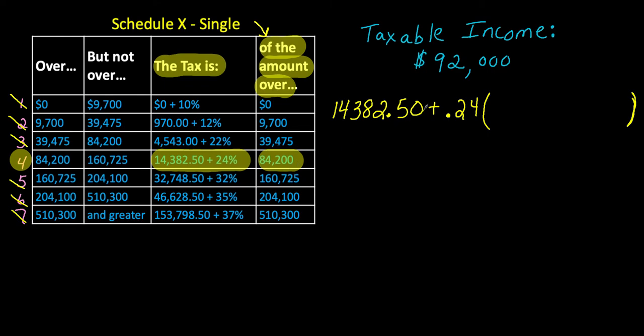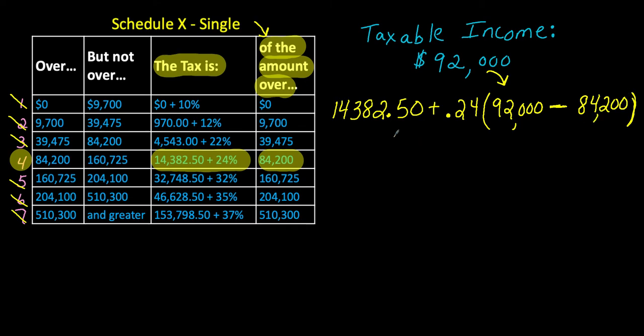So I'll subtract. Once I put those parentheses, I always put my taxable earnings right here, which is $92,000. And I subtract this amount, $84,200. And that's how you write it.